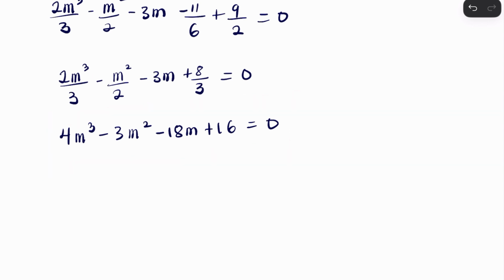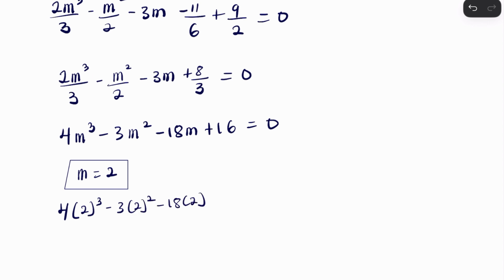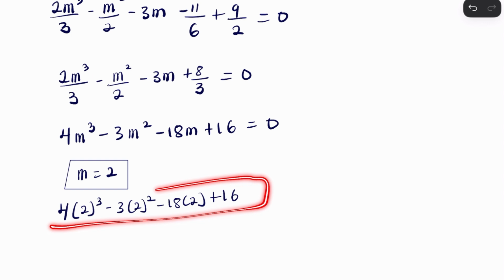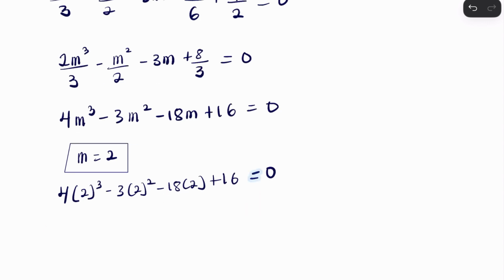Our next step is to find the roots of this equation. Here we can try out some of the factors. Let's try when m is equal to 2. Then we have 4 times 2³ - 3 times 2² - 18 times 2 + 16. When you simplify this, we get 0. And so we can say that m = 2 is a root of this equation.